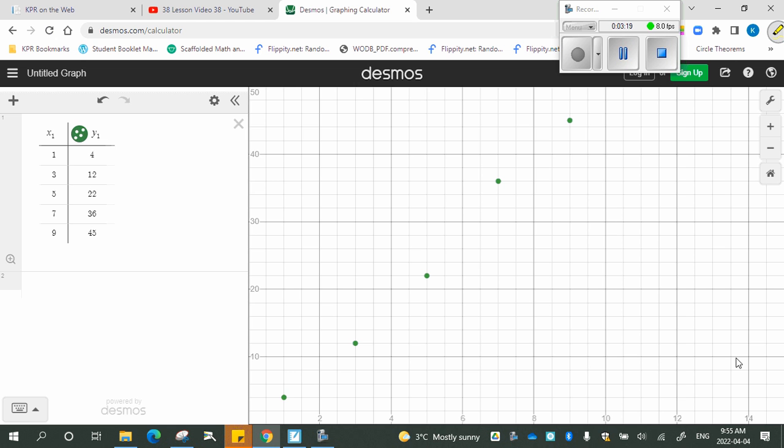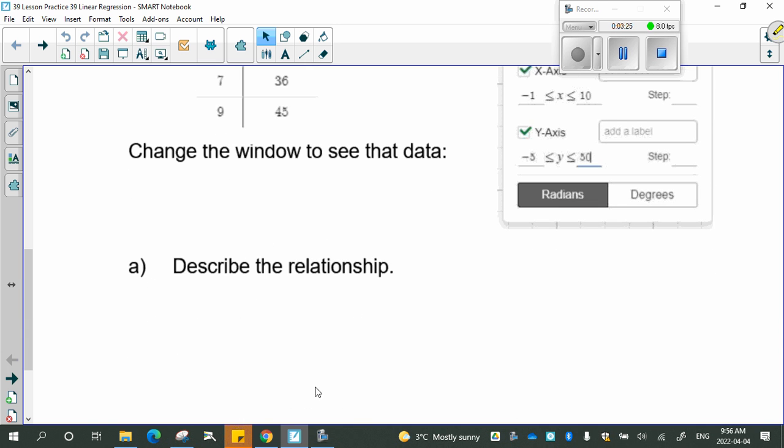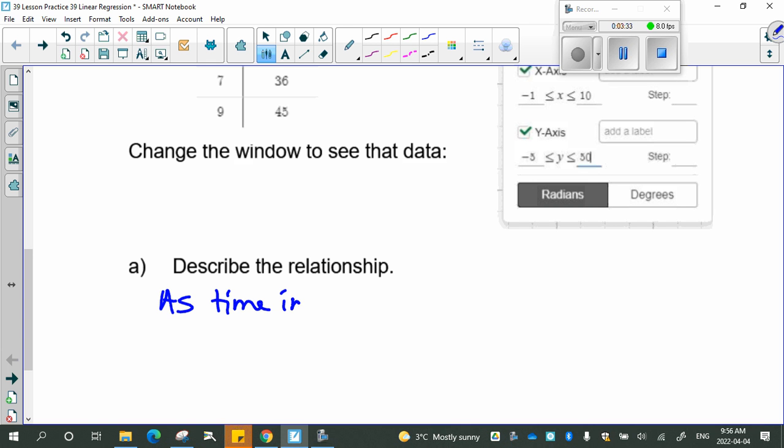So A says describe the relationship. So we're going to go back and describe the relationship. Remember, we always start off with whatever the independent variable is, which is time. As time increases, the height of the seedling increases.